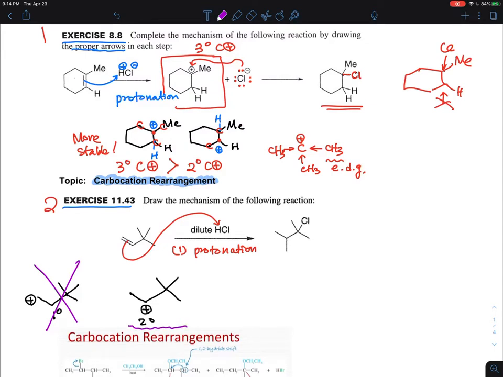But now, if you look at that, there is a chance that chlorine will just make a bonding to this carbon here.